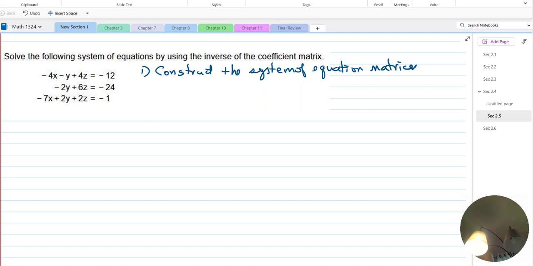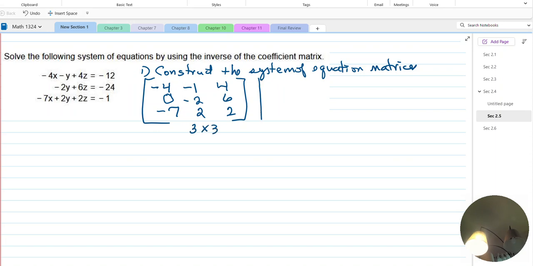All right, so I have a -4, a -1, and a 4. Then I have 0x, a -2, and a +6. Then I have a -7, a 2, and a 2. This is my square matrix of a 3 by 3.